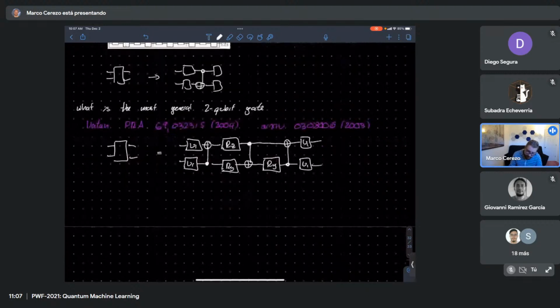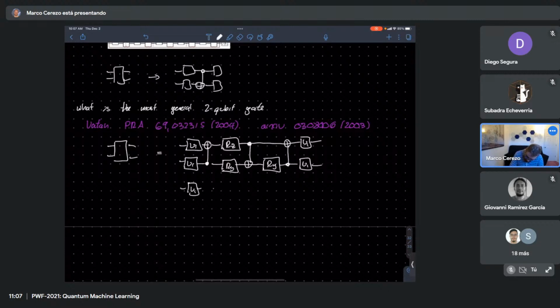Right, so what is this? We can recognize CNOTs, we can recognize rotations around Z and Y. And here all that we do is that U1 is the general 1 qubit gate that we just saw, that has 3 parameters. So any 2 qubit unitary within the unitary group can be generated with this circuit right here.